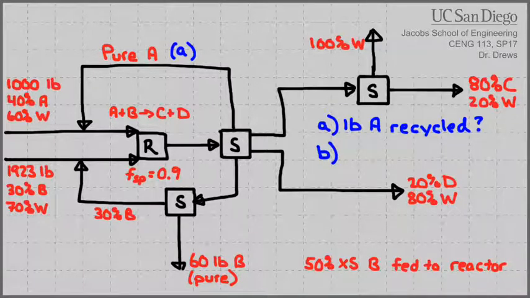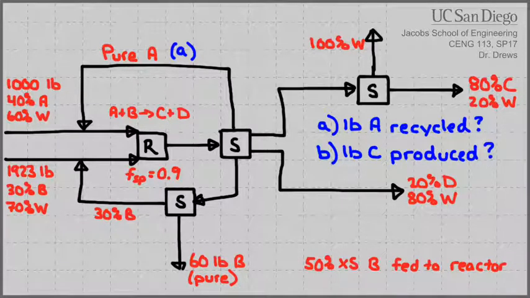And then the second part is to determine the pounds of the Na2CO3, which is species C. We want to know how much of that is produced. So the pounds of C being produced is going to ask us to figure out what's happening in this stream. How many pounds of C are coming out over there? And that's all we're given.